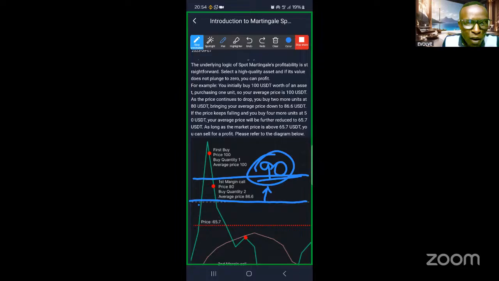He opens another coin, puts there $500. Opens another coin, puts there $300. First position, no margin call. No DCA. He committed a sin, a very dangerous sin. Very dangerous, very costly.